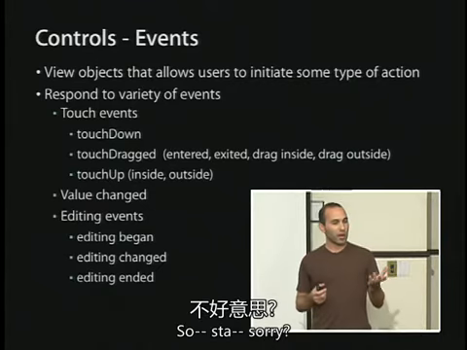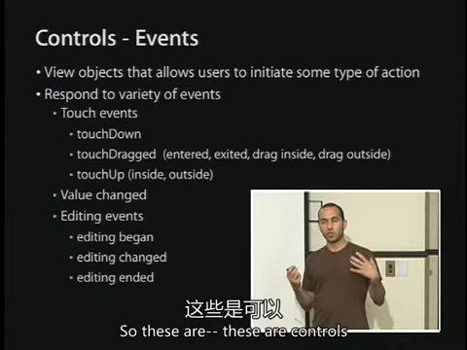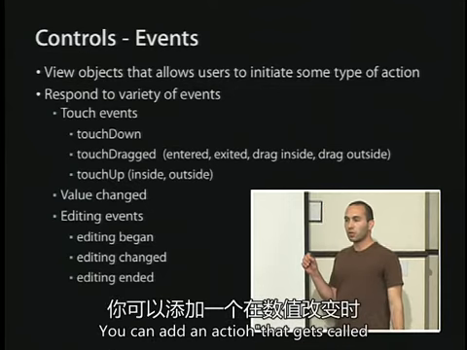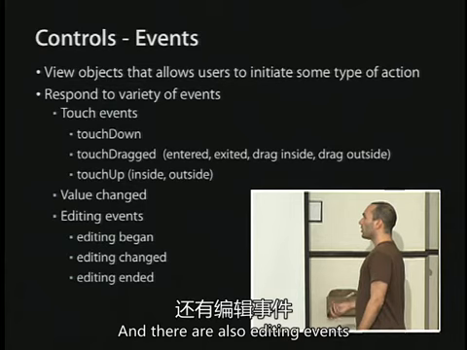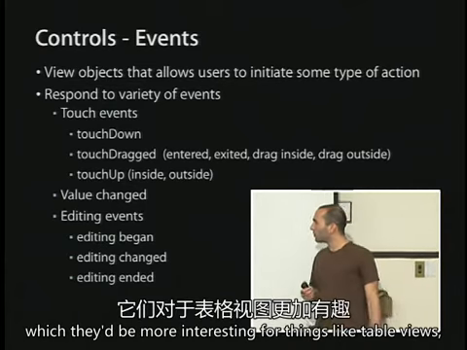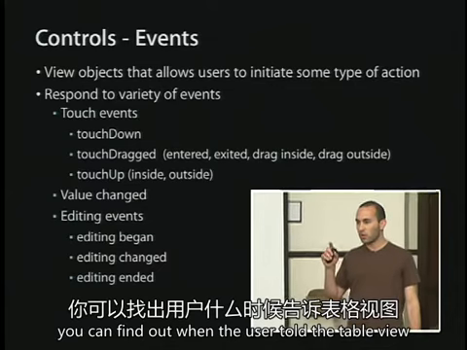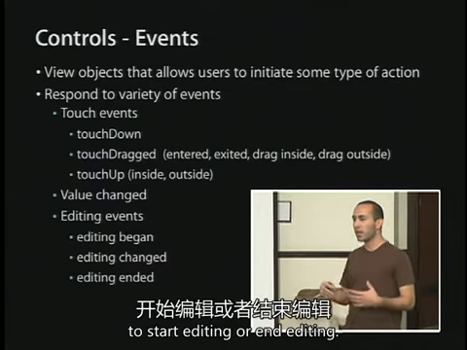The progress indicator. So these are controls that have a settable value. You can add an action that gets called when that value gets changed. And there's also editing events, which may be more interesting for things like table views. You can find out when the user told the table view to start editing or end editing.